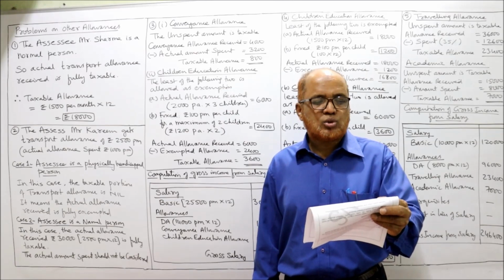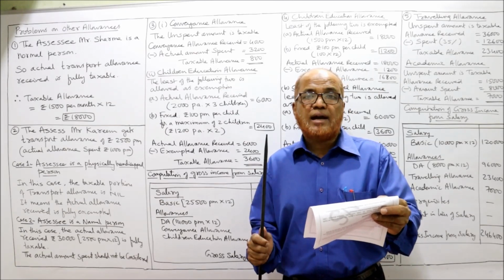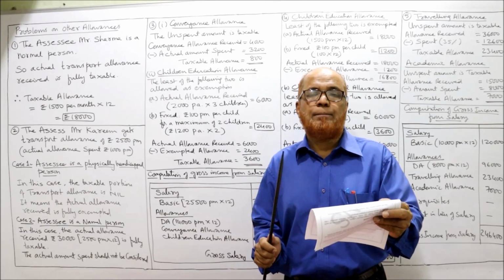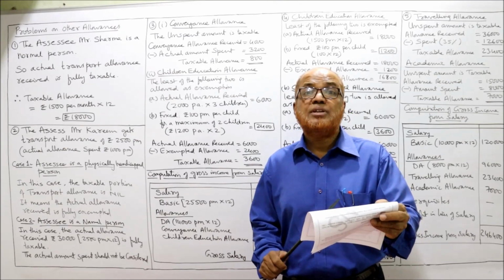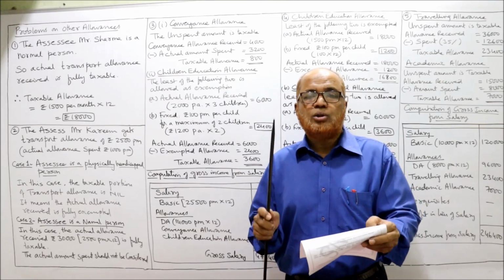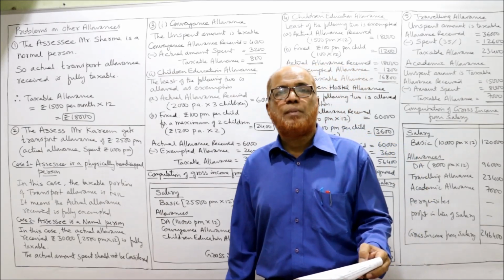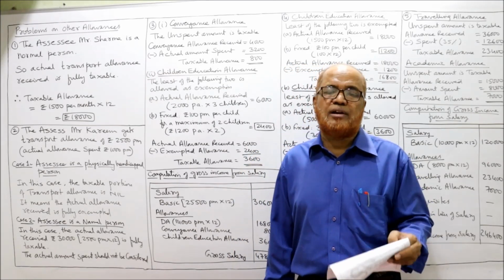Children education allowance is 2,000 per annum per child for 3 children. So 2,000, 2,000, 2,000, totally 6,000 rupees per annum he got for 3 children.